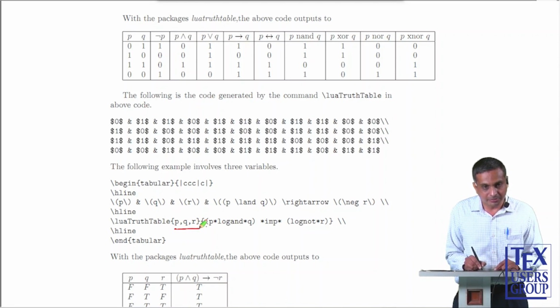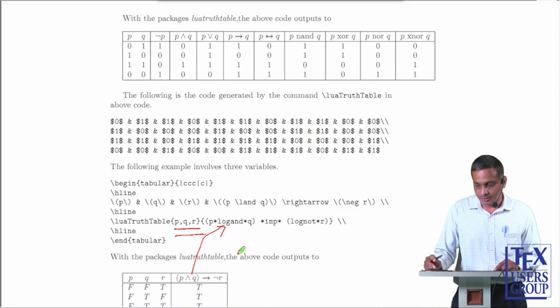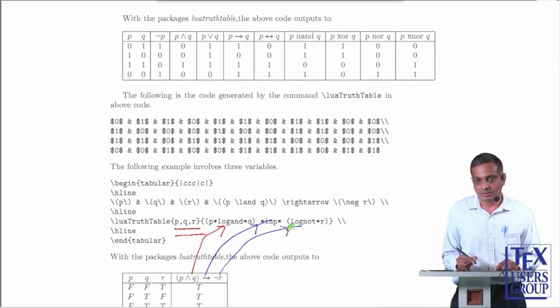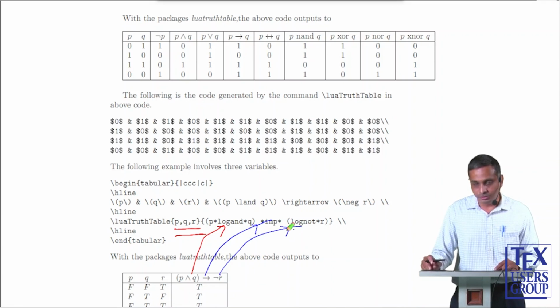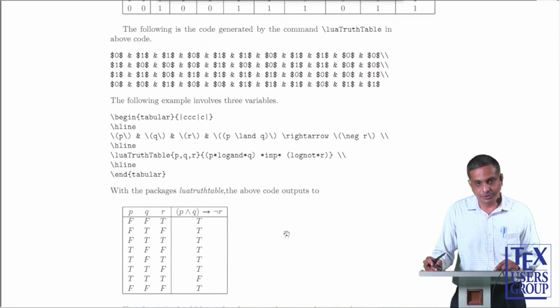Here 3 boolean variables are involved, P, Q and R, and the logical expression to be evaluated is P and Q implies negation R. So P and Q is specified by P star log and star Q, implies is specified by star IMP star, and negation of R is specified by log naught star R. So with this use of commands, one gets this output.